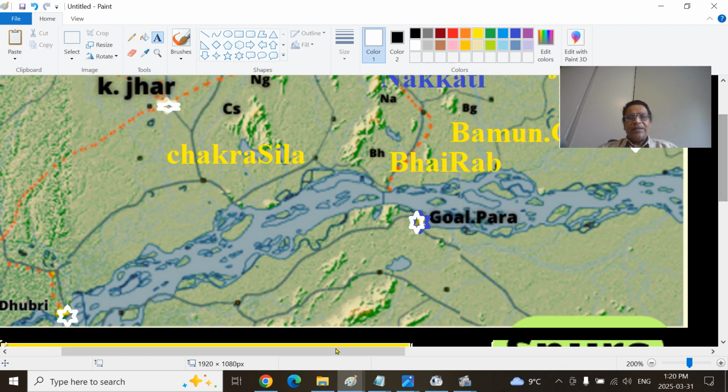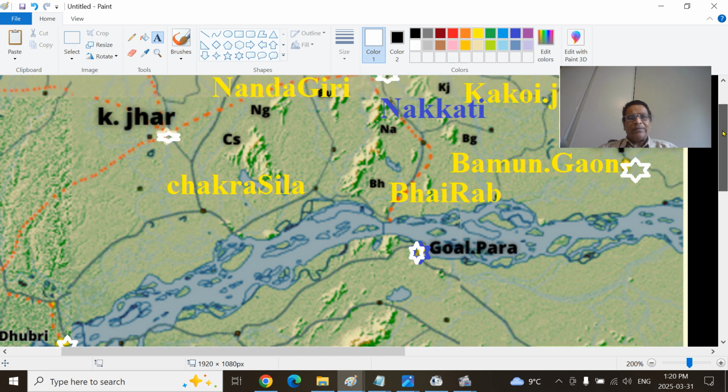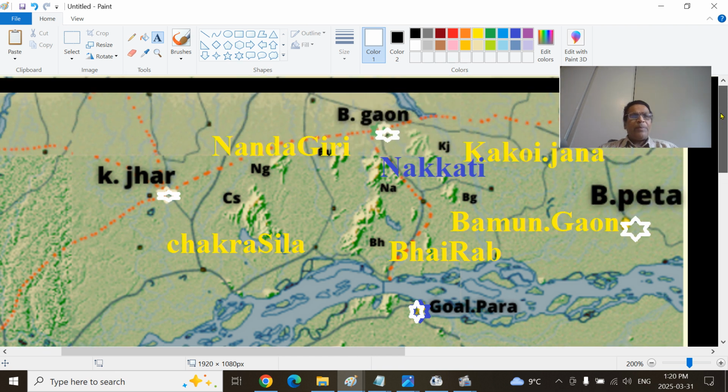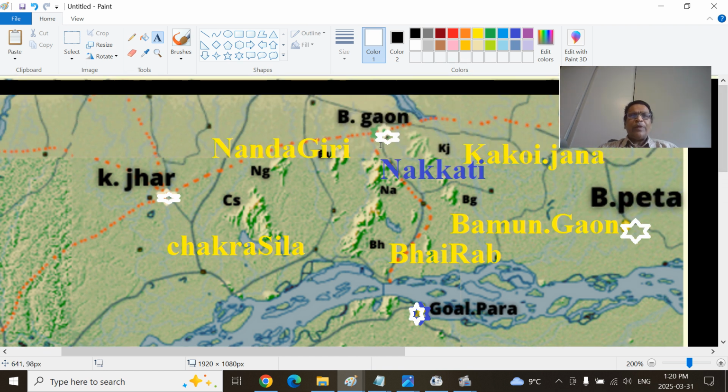This is the Meghalaya Plateau, where the Garo Hills, Khasi Hills, and Jaintia Hills will be. I have expanded this. This is the railway line from Bongaigaon junction to Jogighopa, and now there is a railway line here from Goalpara to Jogighopa. Here you can see the Chakrashila hilly regions.